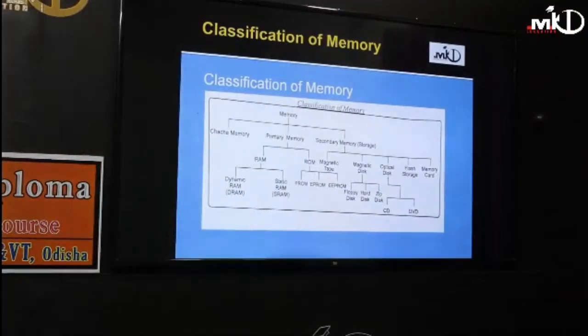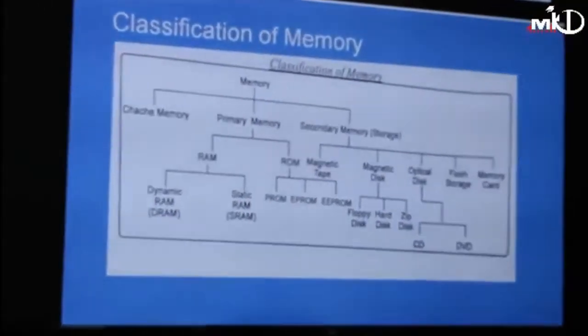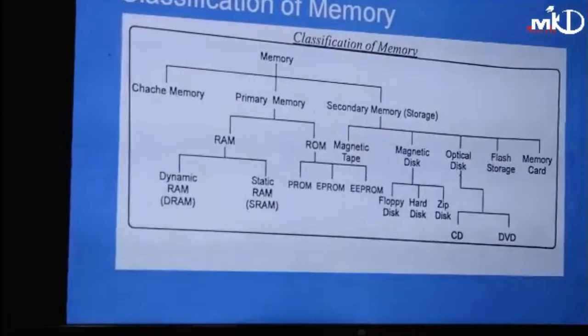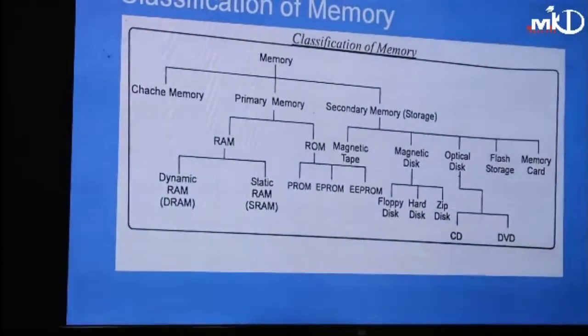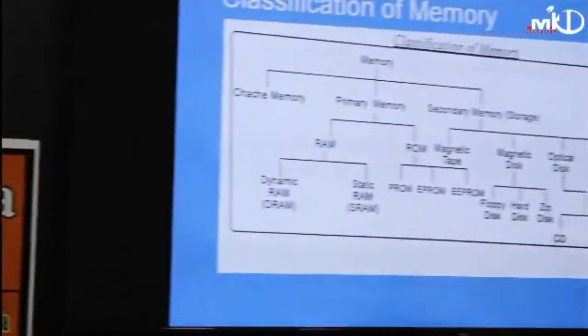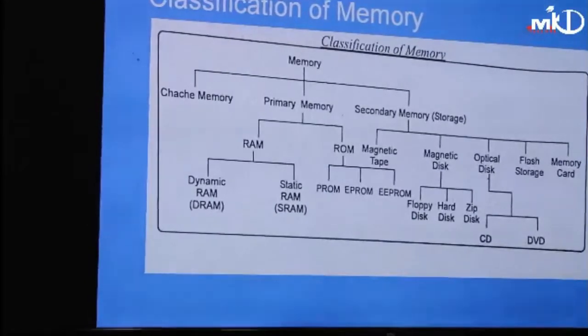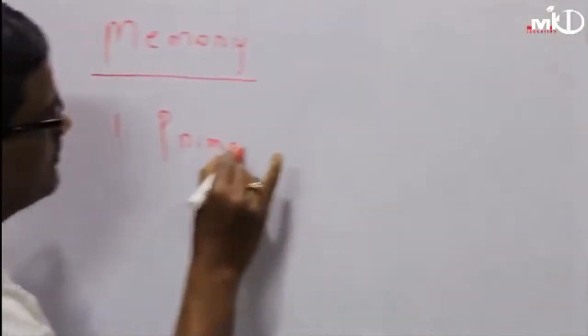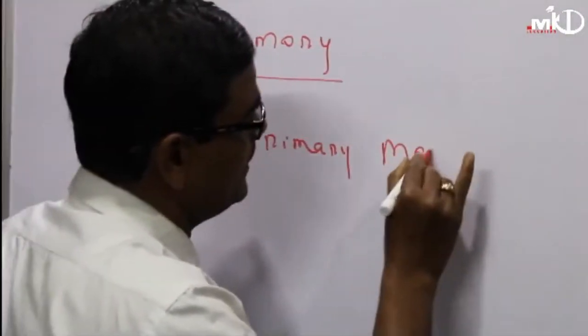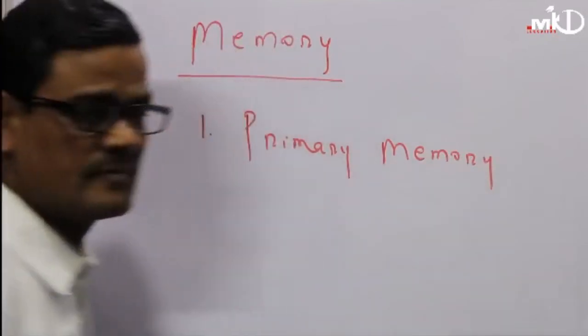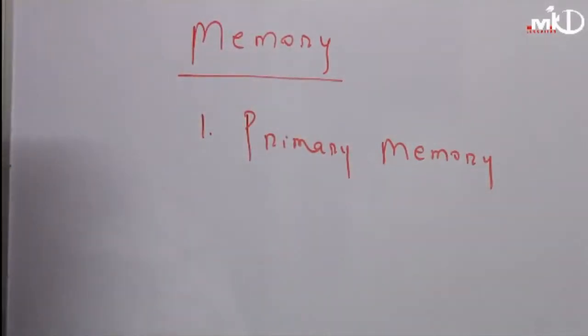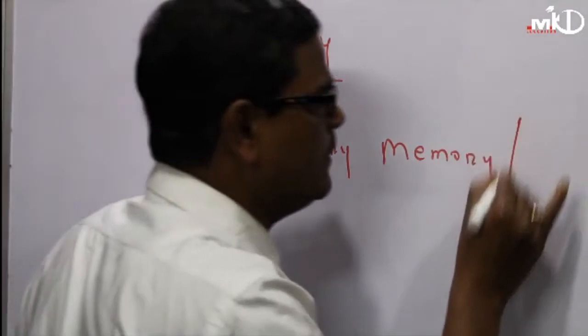If you classify the entire memory structure of the computer, then memory is mainly of three types. First is the primary memory, sometimes called the main memory.